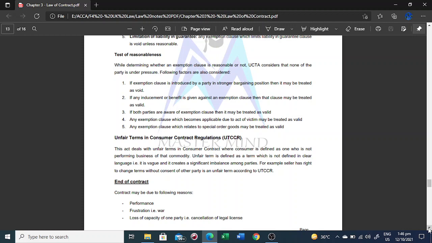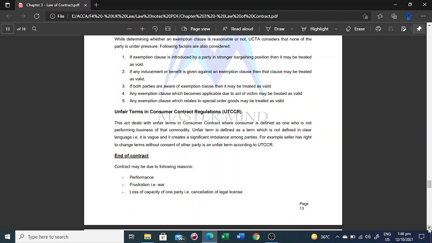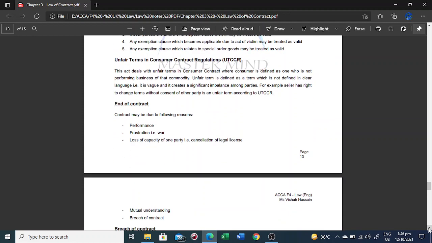Third, if both parties are aware of the exemption clause, then it may be treated as valid. Any exemption clause which becomes applicable due to an act of the victim may be treated as valid, and any exemption clause which relates to special order goods may be treated as valid. Now, the Unfair Terms in Consumer Contract Regulations, UTCCR. This act deals with unfair terms in consumer contracts, where a consumer is defined as a person who is not performing business of that commodity, rather he is just coming and buying that product, and that too not from an auction.